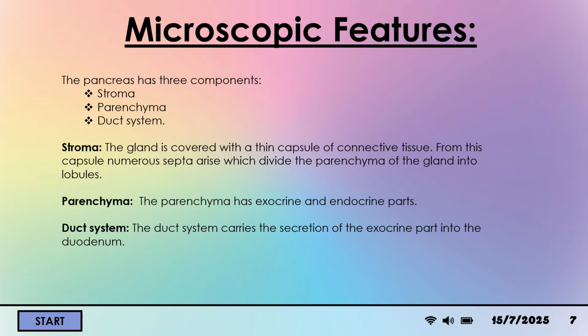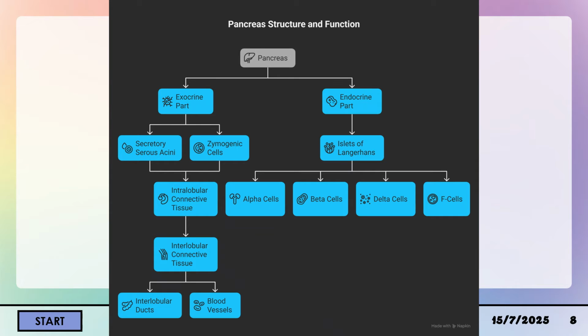From this capsule, numerous septa arise which divide the parenchyma of the gland into lobules, and the parenchyma has exocrine and endocrine parts. The duct system carries the secretions of the exocrine part into the duodenum. This represents the exocrine and the endocrine parts of the pancreas. In the exocrine part, we can see the serous acini and the zymogenic cells, and in the endocrine part, we can majorly see the islets of Langerhans.